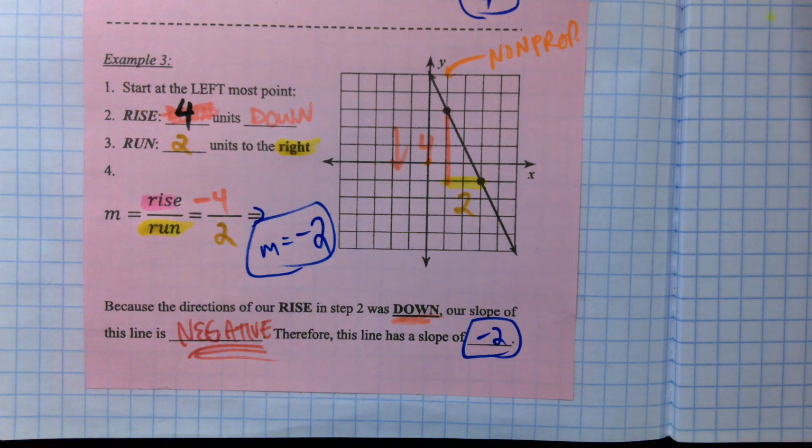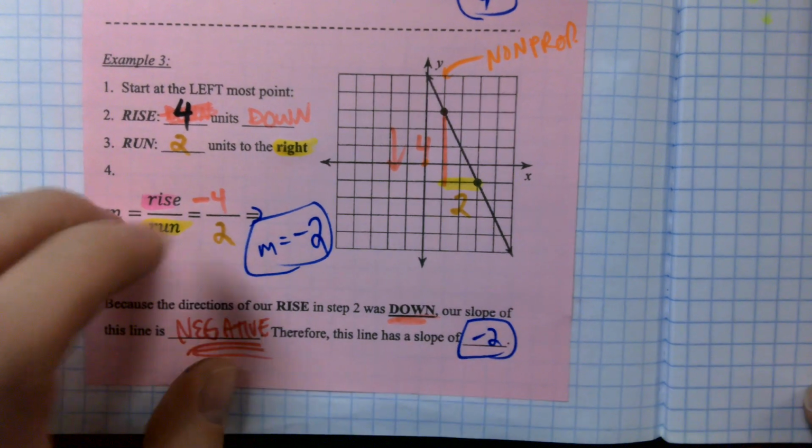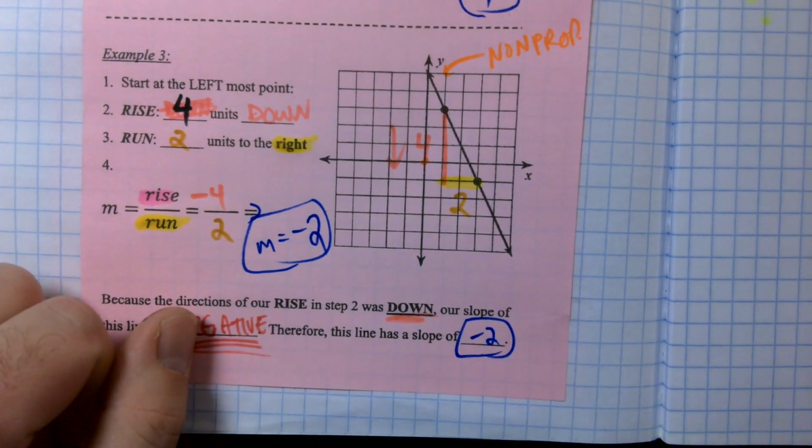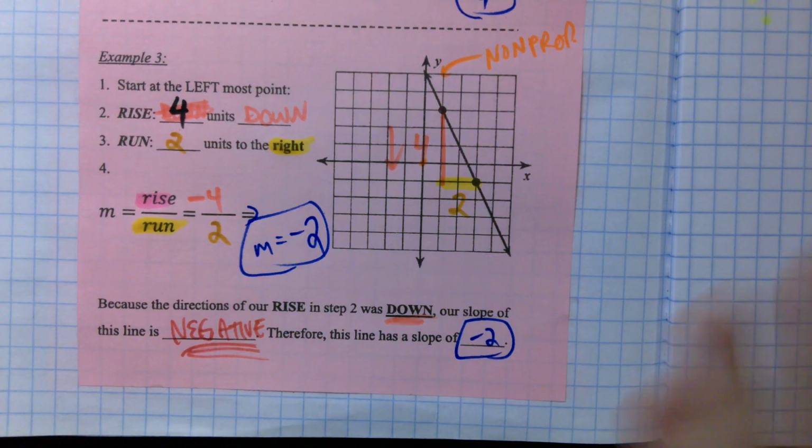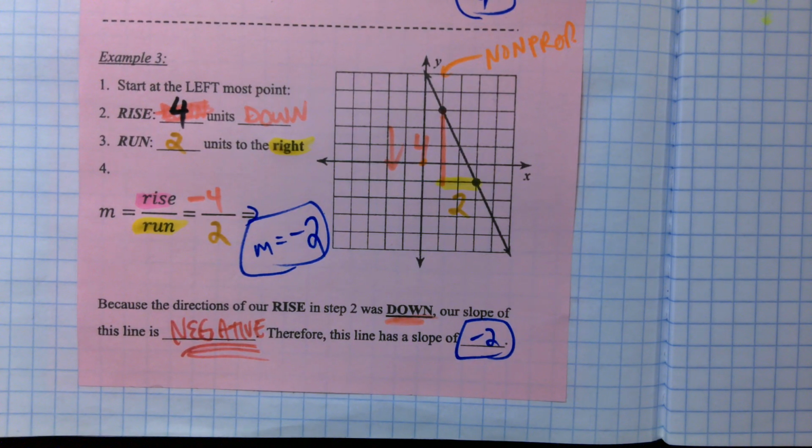All right? Sound good? Pretty easy, right? It's just counting, setting up a fraction, making sure you set it up correctly. Again, if you follow the steps in our notes, it should be pretty straightforward, pretty easy.